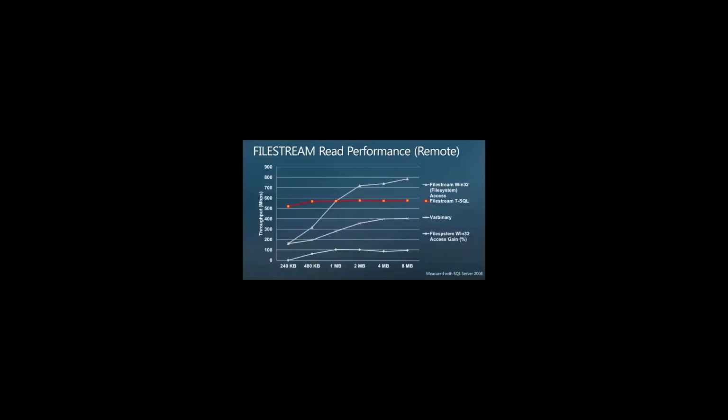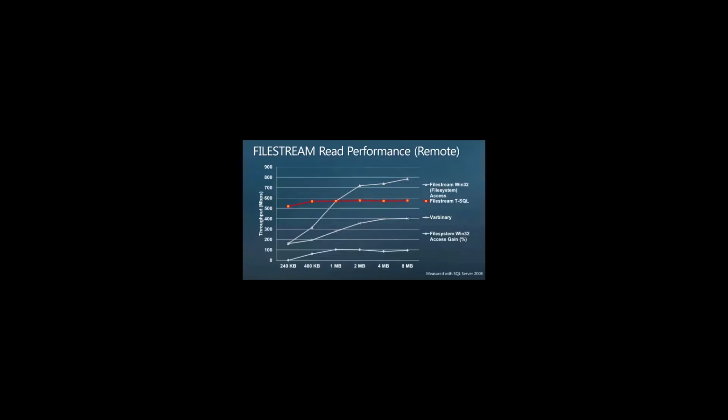So if I look at when I store data inside my FILESTREAM and I have a lot of reads on the data, then there is a kind of cutoff point between storing the data inside a varbinary(max) column that is just varbinary(max), as well as storing it inside a FILESTREAM column.